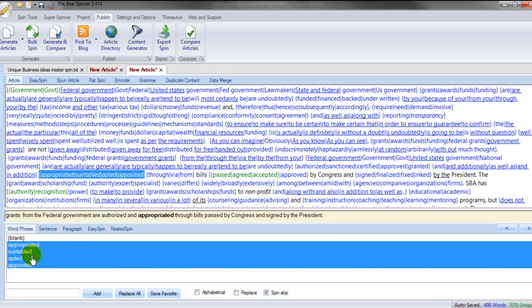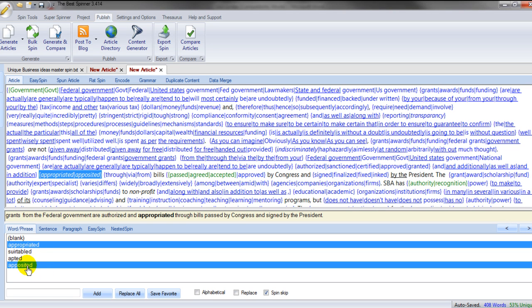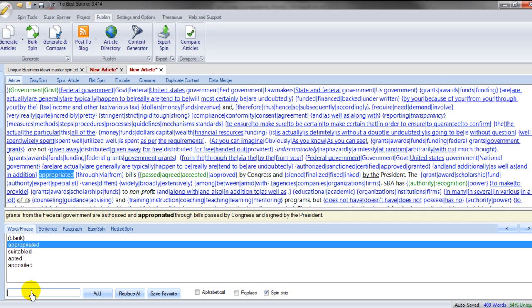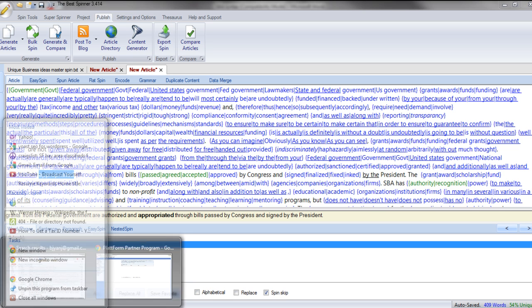Appropriated. I don't know what these words mean, but appropriated might work. You might even want to look up a synonym, because I don't know what other words could replace "appropriated."